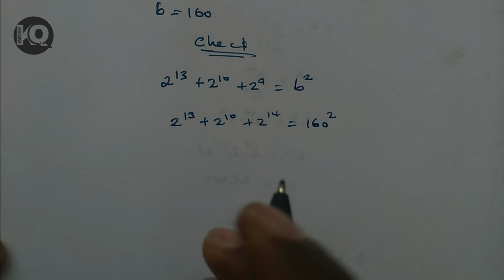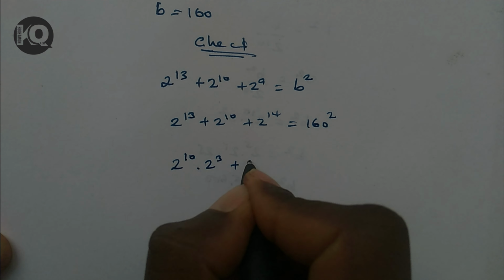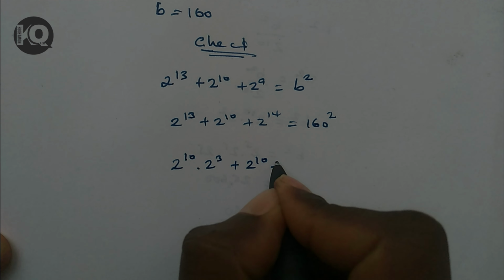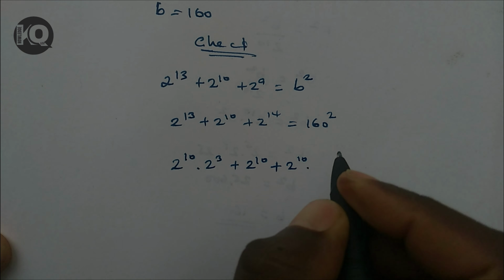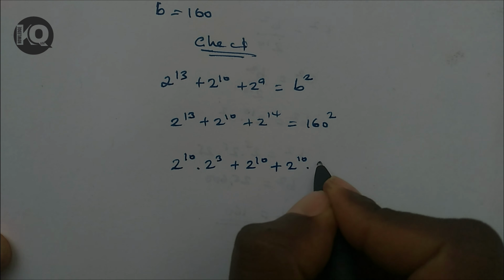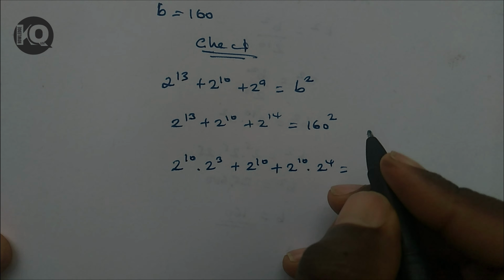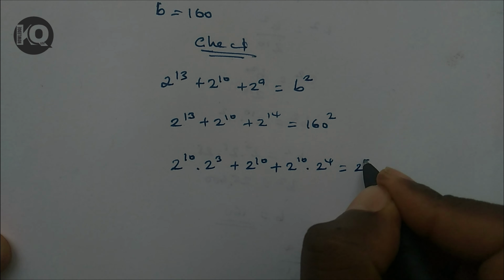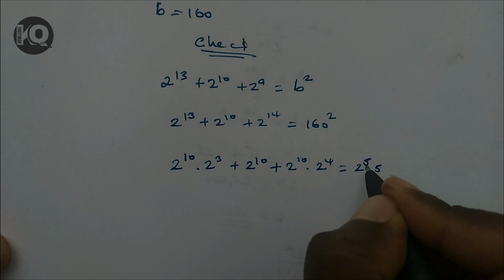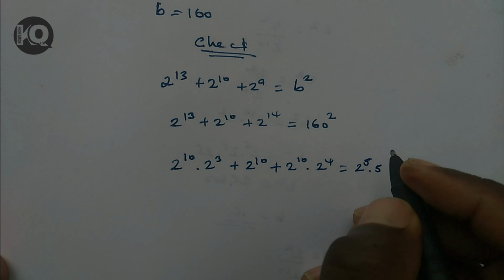So we can write this one as 2 to the power of 10 times 2 to the power of 3 plus 2 to the power of 10 plus 2 to the power of 10 times 2 to the power of 4, which is equal to, and we can factorize this one. So when we factorize, it will be 2 to the power of 5 times 5, the whole square.